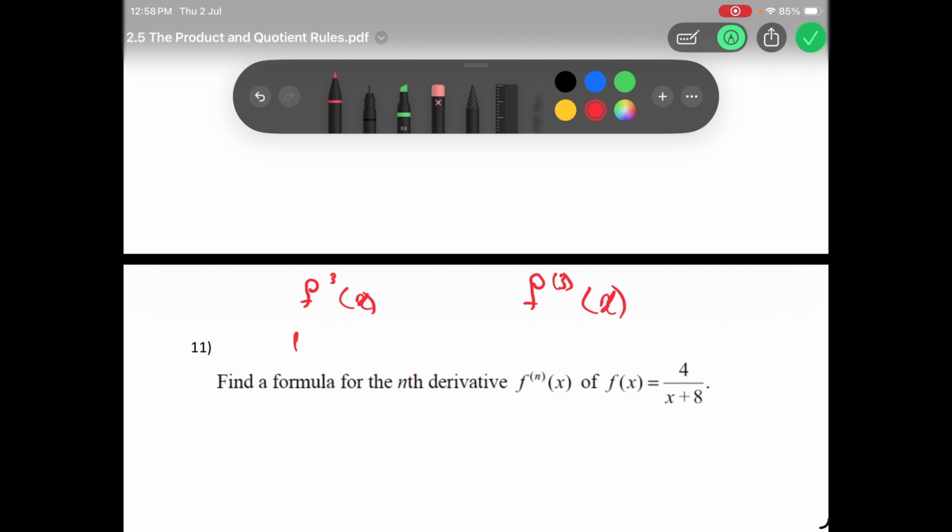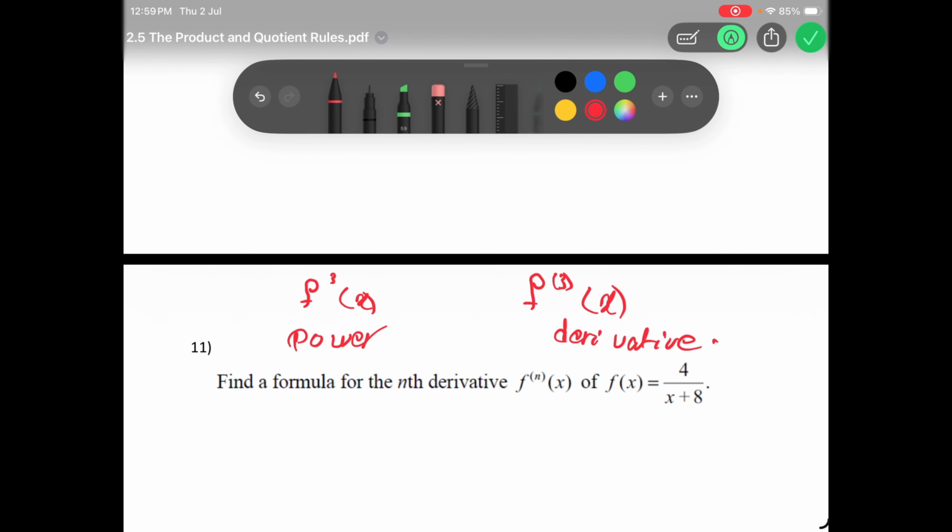Here, guys, this is power, but here it is third derivative. So when we have the power within parentheses, within brackets, it means derivative. So here it's not f to the power n. It means here nth derivative.